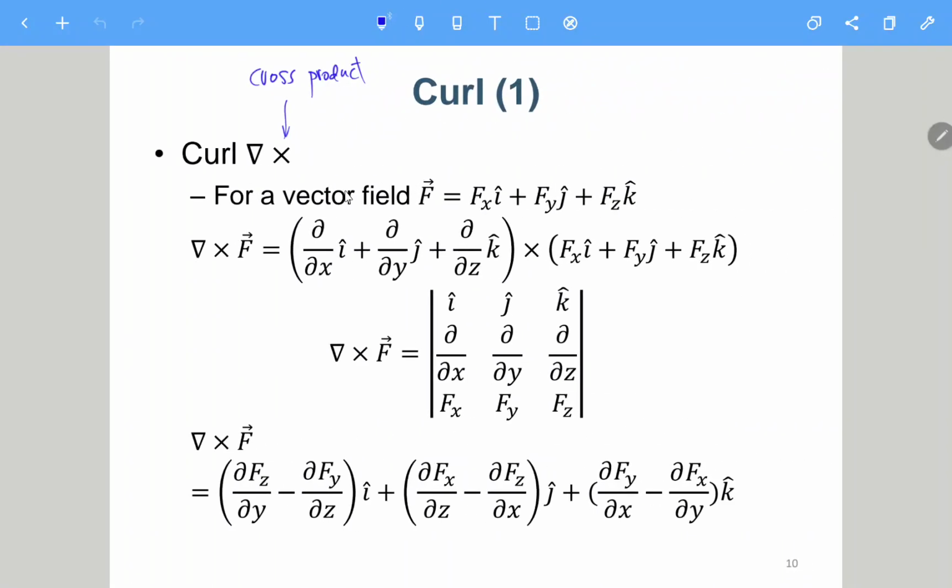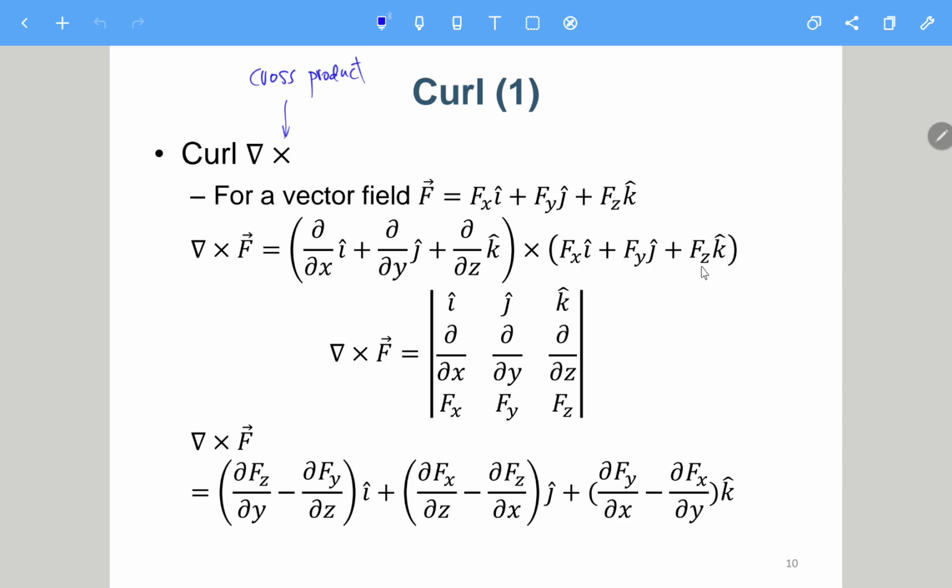So these two are vector fields, and this is a scalar field. Okay, here, still as an example, we just use a vector field F, and we try to take gradient cross F, or the curl of F. This is the gradient operator in Cartesian coordinates, and this is also F in Cartesian coordinates.